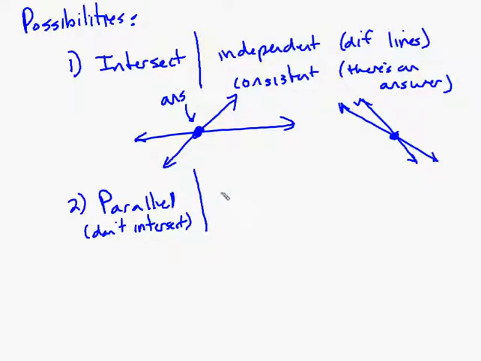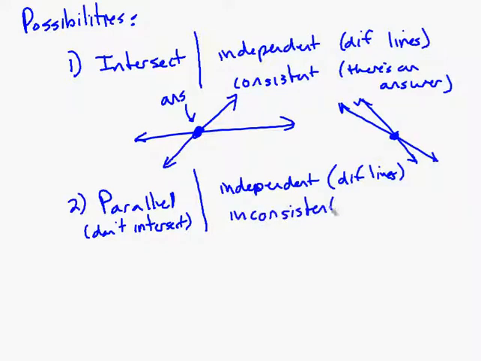All right, so if they're parallel, they are independent because we do have different lines. But the system is inconsistent because there's no solution, because they never meet. And the parallel lines are going to look something like this.